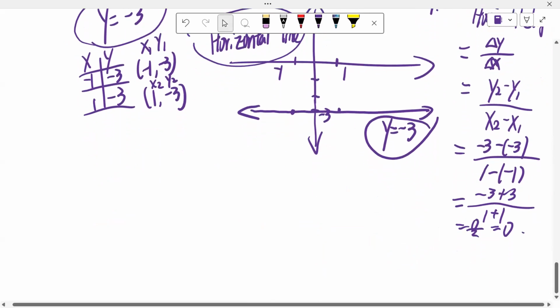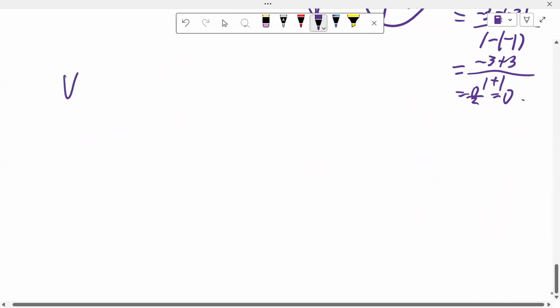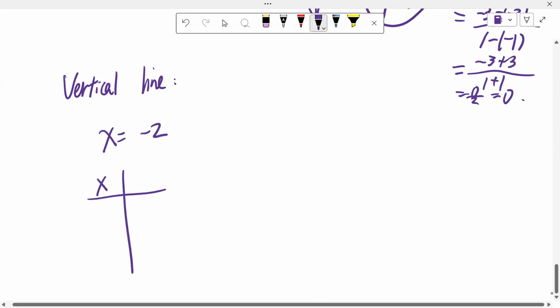And then for any vertical line, let me quickly give you another example. Let's calculate the slope. Let's say we get x equal to -2, right? Using the same logic, we can create 2 points: (-2, -1) and the y value could be, for example, 1. The x value stays the same, and for y you can use any numbers.